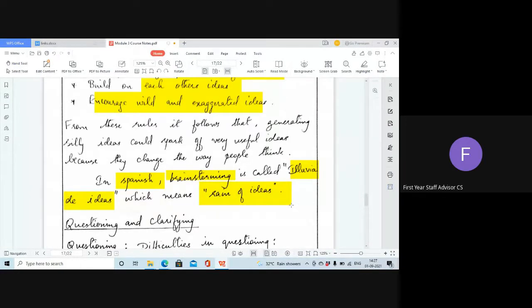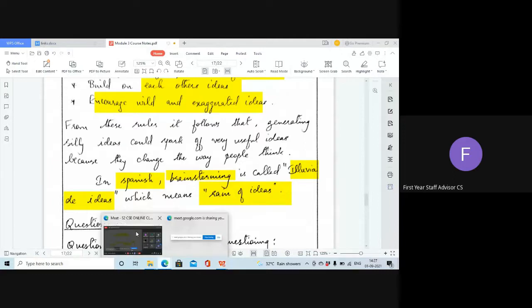A rain means endless drops are there, isn't it? Collecting that many ideas is what is known as brainstorming. So in Spanish, we call brainstorming lluvia de ideas, which means rain of ideas. Is it clear?